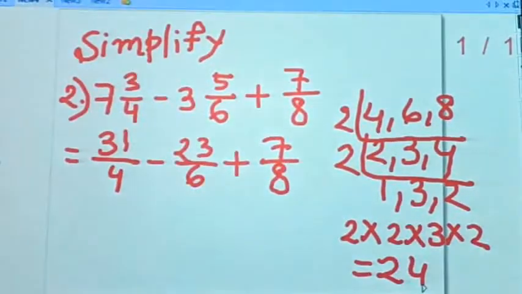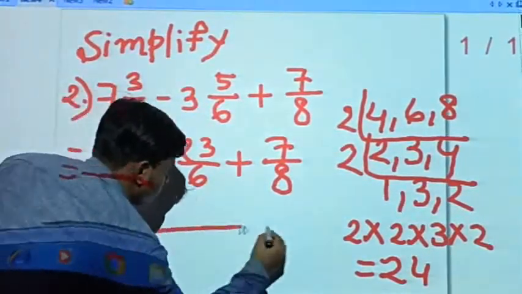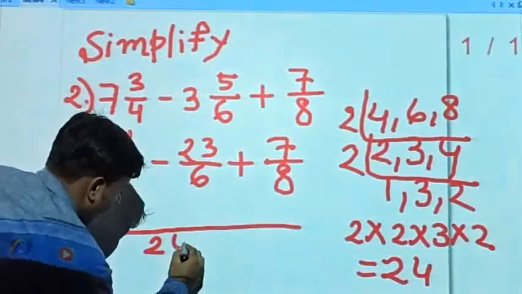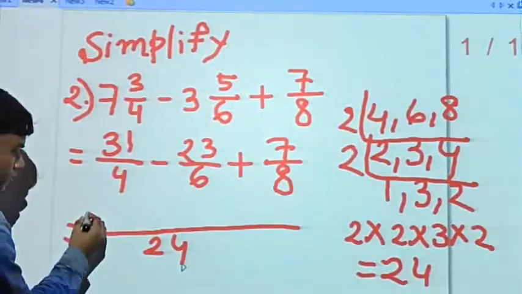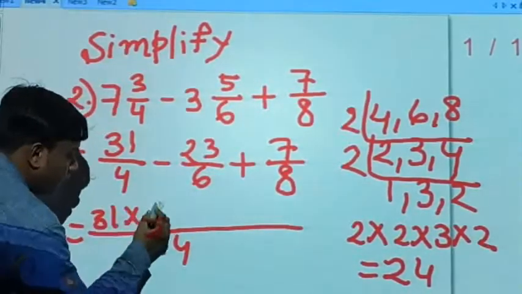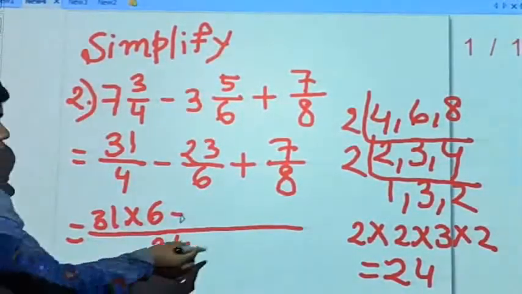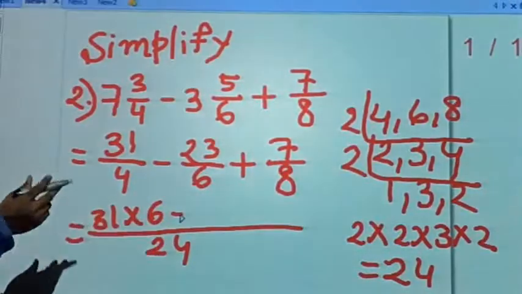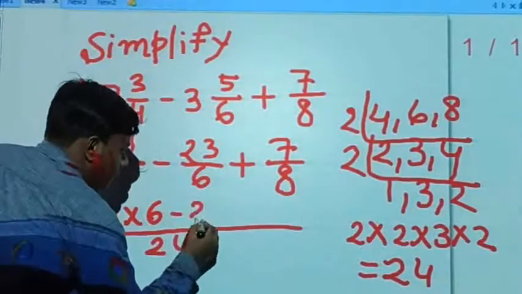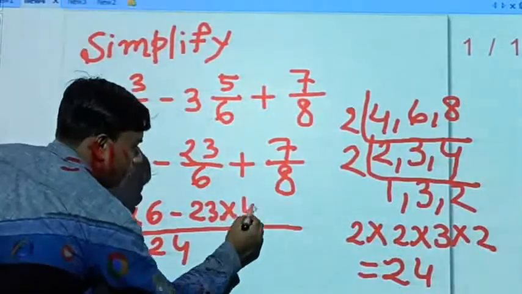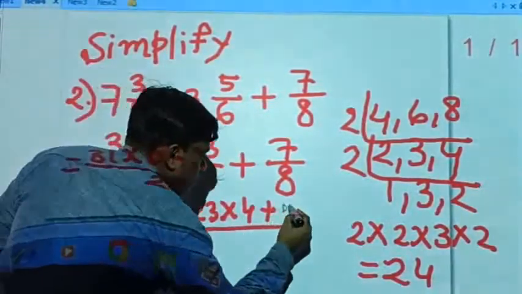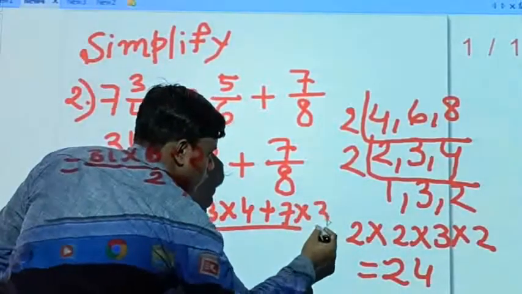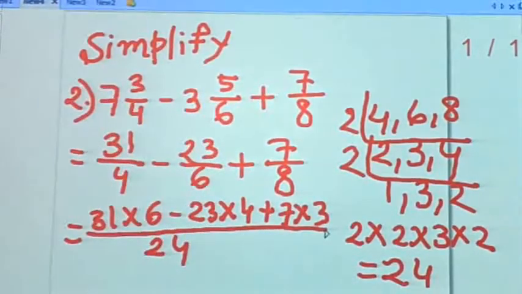So the LCM is 24. 24 divided by 4 is equal to 6, so 31 into 6, minus 24 divided by 6, which is equal to 4, so 23 into 4, plus 24 divided by 8, 8 threes are 24, so 7 into 3.